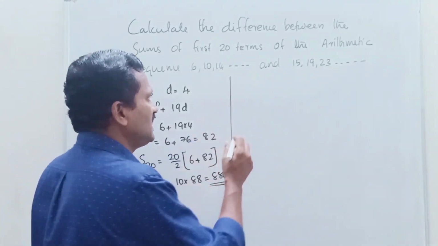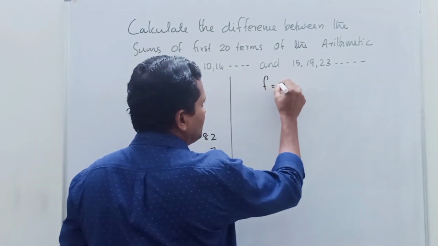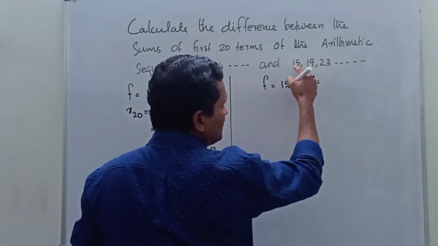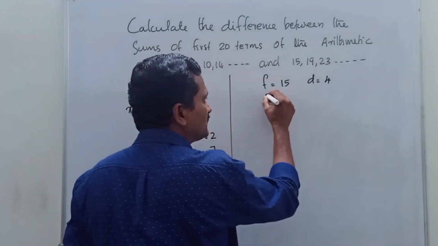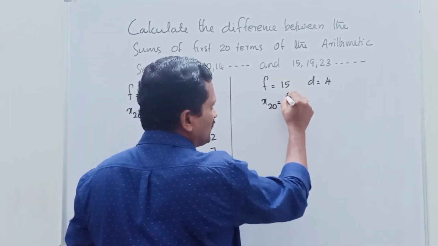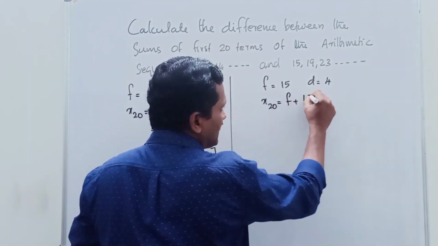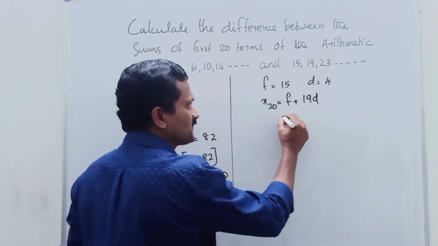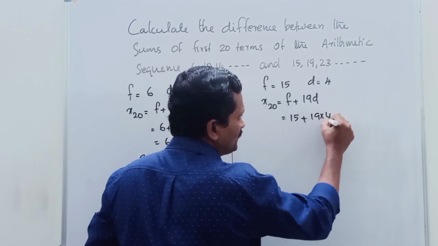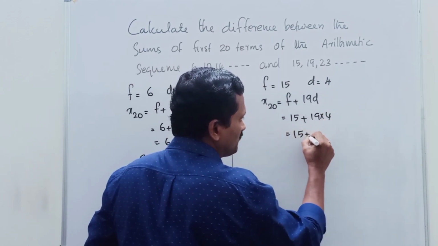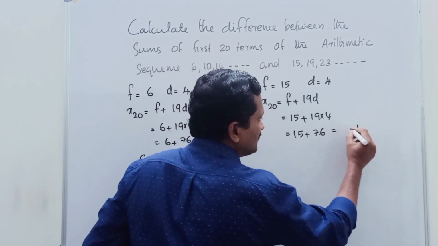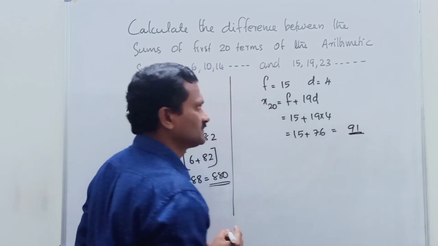For the second arithmetic sequence, the first term is 15 and the common difference equals 19 minus 15, that is 4. Then the 20th term x20 equals f plus 19 times the common difference, that is 15 plus 19 into 4, that is 15 plus 76, which equals 91.